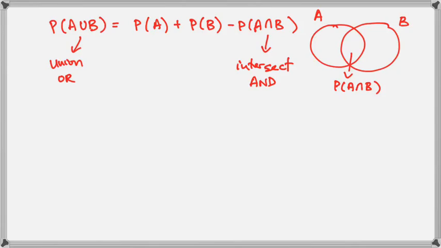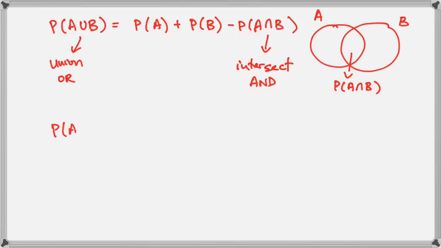So the event of A and B both happening at the same time. So in this scenario, there is overlap. It's not mutually exclusive. So there is a probability of event A intersect B happening.